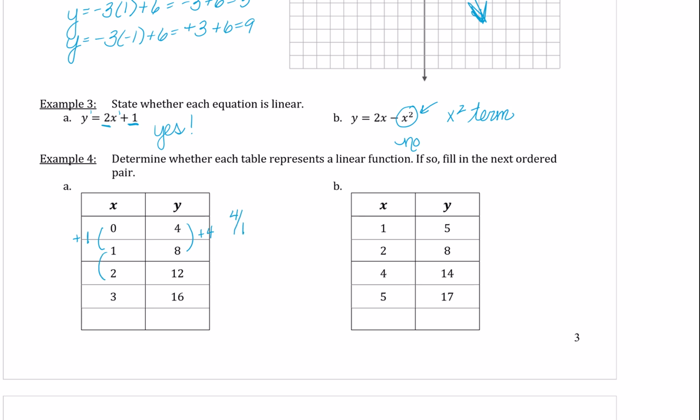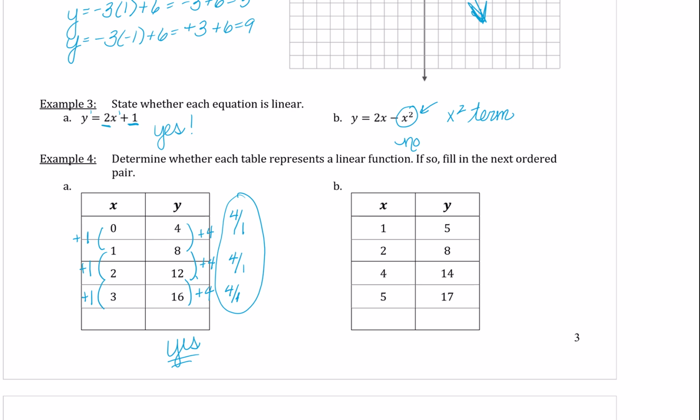Here, change in x is 1, change in y is 4. So again, slope is 4 over 1. And between these two, change is 1, change here is 4. So the slope is 4 over 1. Since all of these slopes are equal, yes, this is a linear function, because the rate of change is staying constant, and your slope should stay constant in a linear function.